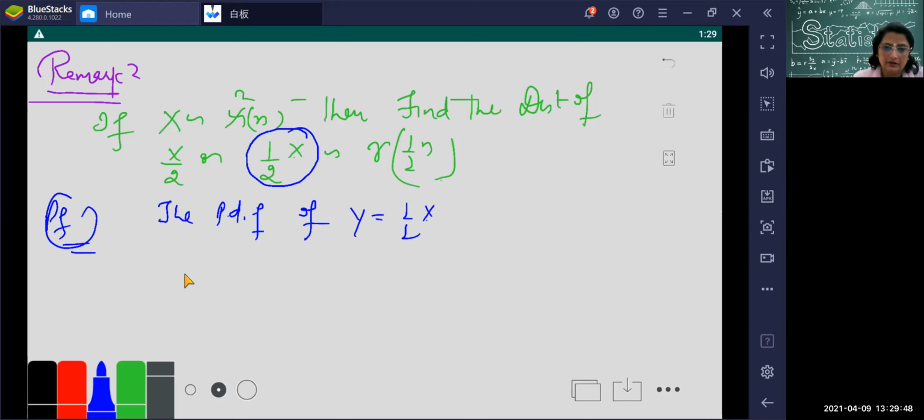So g of y will be equal to, how will you transform the variable, you will write the PDF of x and the Jacobian of transformation. What is the Jacobian of transformation?